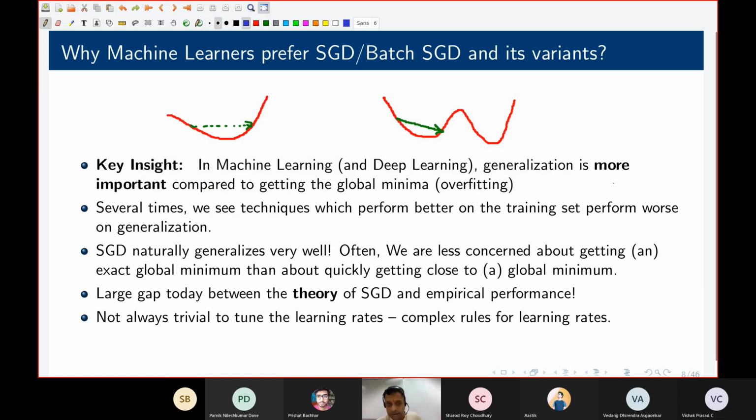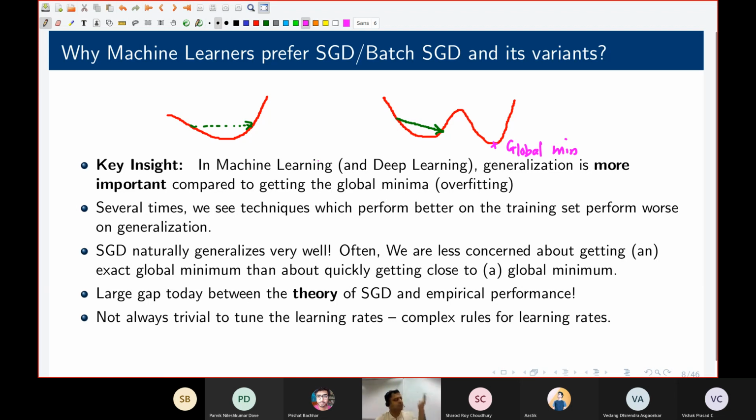Even if you're attaining this point, what you want is to generalize well. And from machine learning, we know that what you see well on the training set may not generalize to the test set.